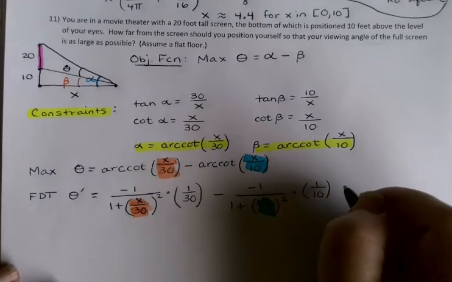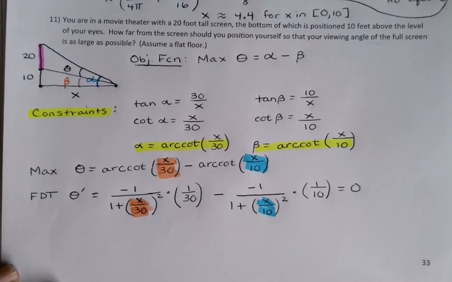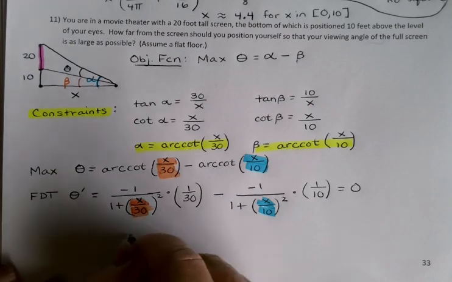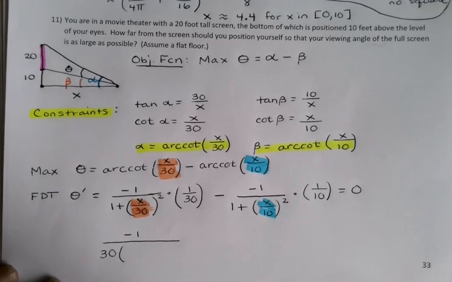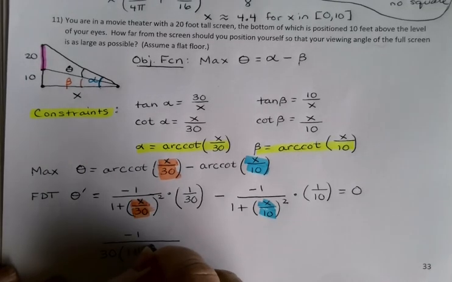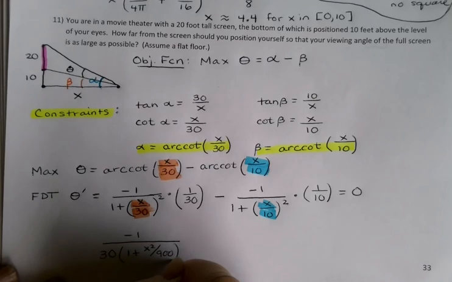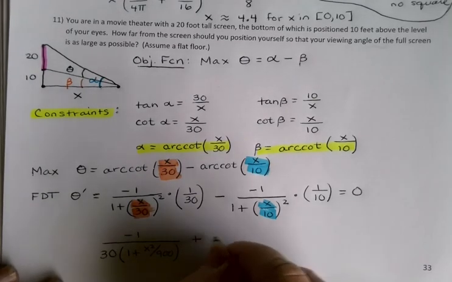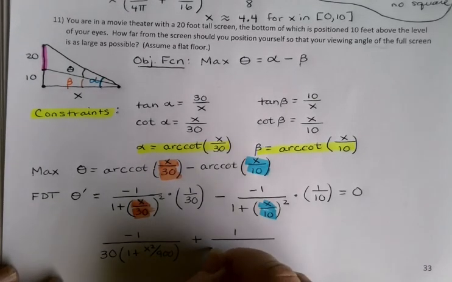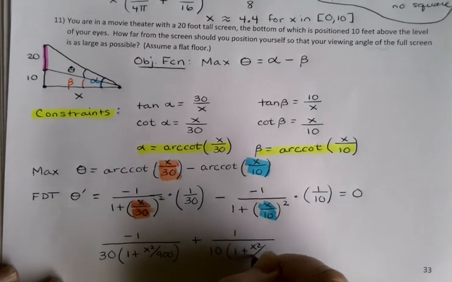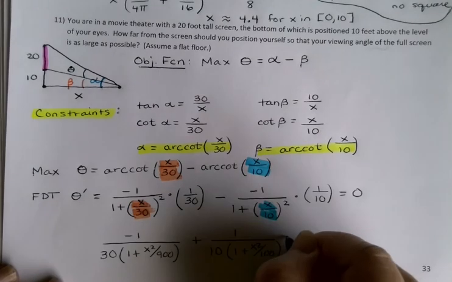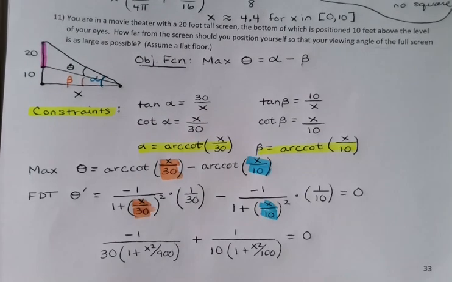All right, I would like to know when this is equal to 0. So let's see. Simplifying a bit, I'm going to have negative 1 over 30 times 1 plus x squared over 900, minus a negative would be plus 1, over 10 times 1 plus x squared over 100 equals 0.